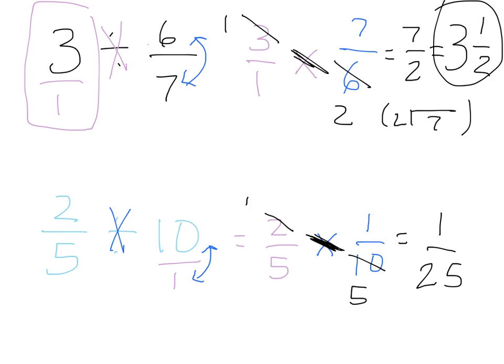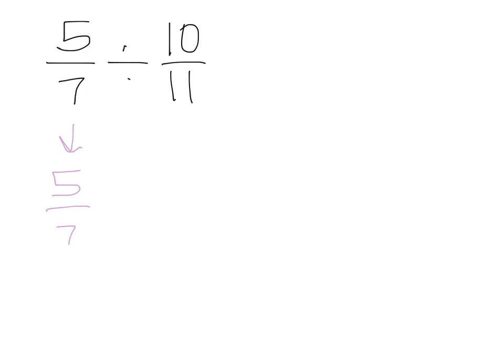So if we're doing the same thing every single time we divide fractions, then the pattern stays the same. The pattern says the first fraction stays the same. We change the sign because you cannot divide.